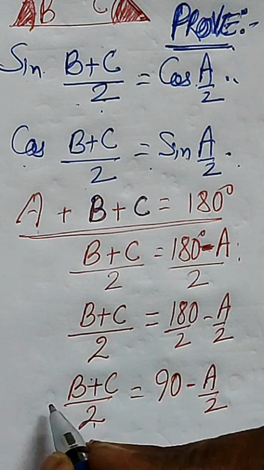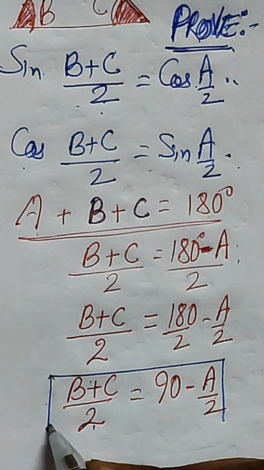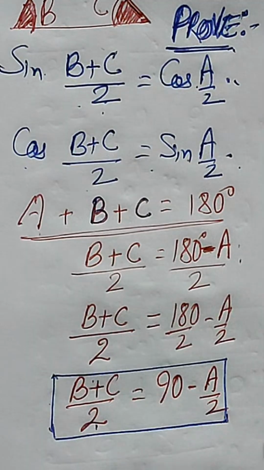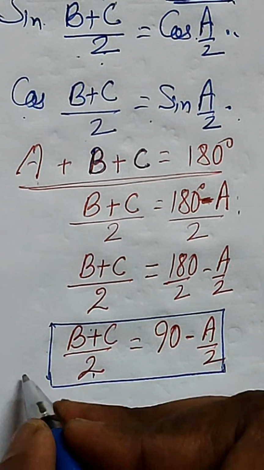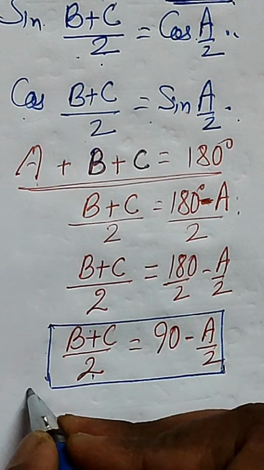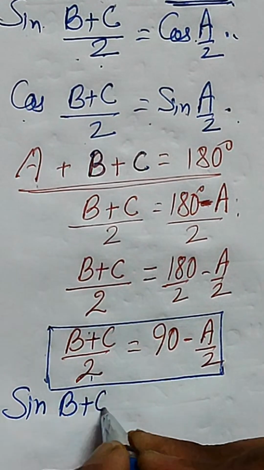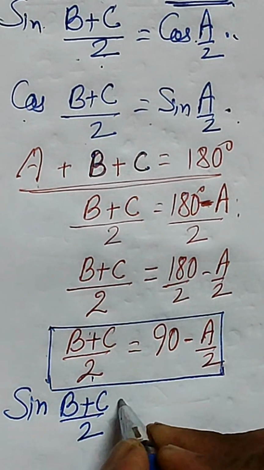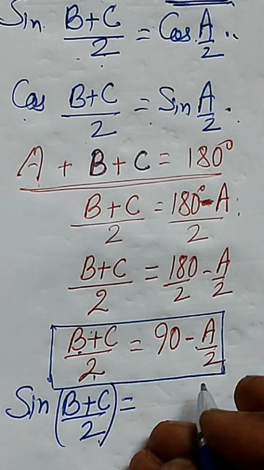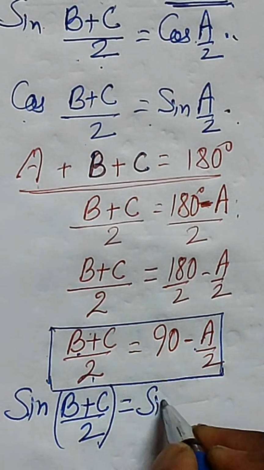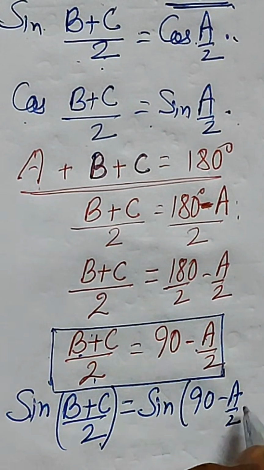So in this relation which we have derived, take sine on both sides. When you take sine, it will be sine of (B plus C) by 2 is equal to, since sine is taken on both sides, sine of the RHS will be sine of (90 minus A by 2), right?